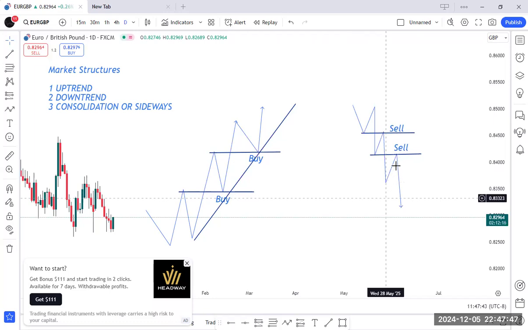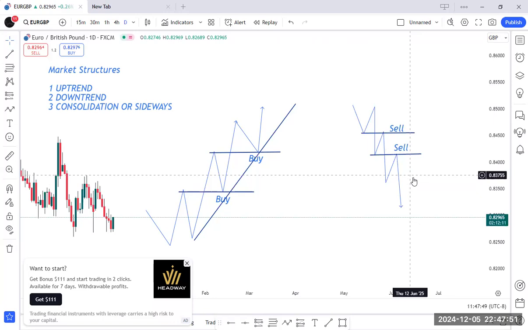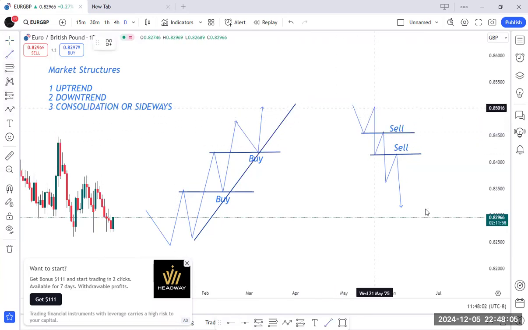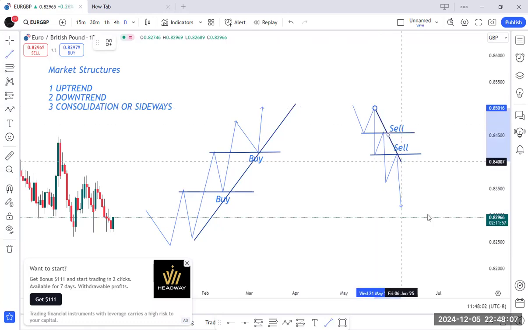So to correct it and then make another impulsive move and then make a correction. Then that is how price always moves: an impulsive move, a correction, an impulsive move, a correction. And that is how it moves in uptrend and downtrend. So you can determine a downtrend when the market is sloping downwards. So this is an uptrend.